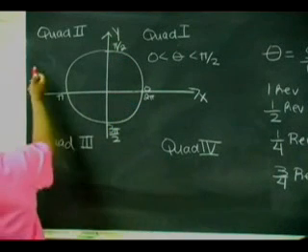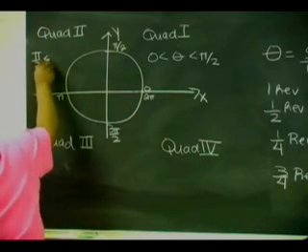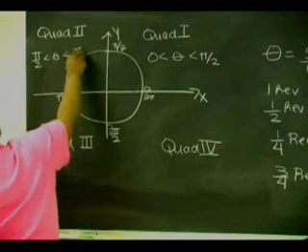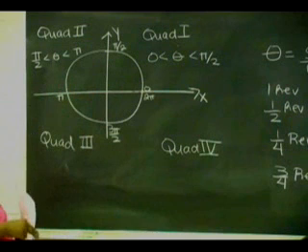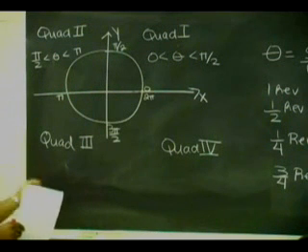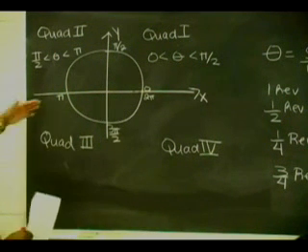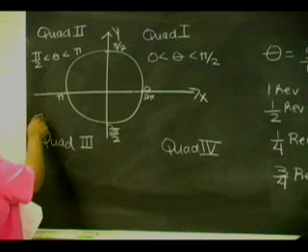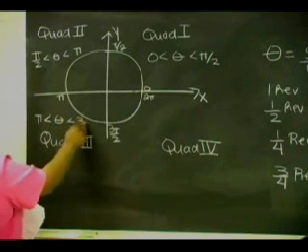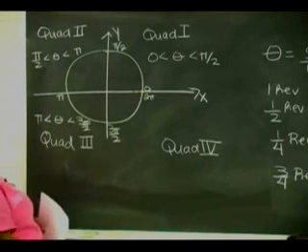Quadrant 2, we have angles from pi over 2 to pi. So all angles within that range will come in quadrant 2. Quadrant 3, we have angles from pi to 3 pi over 2.